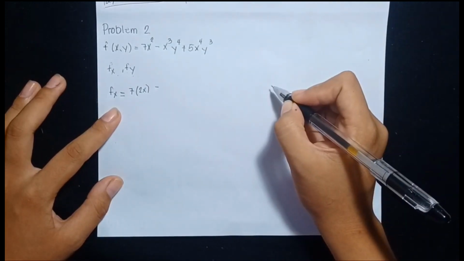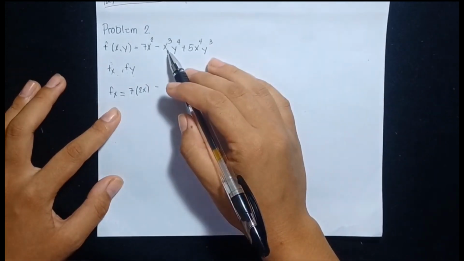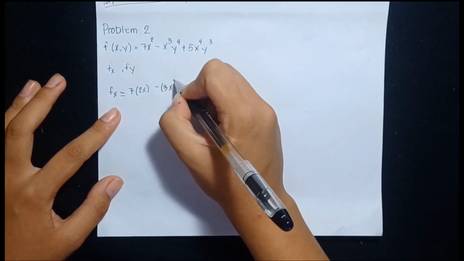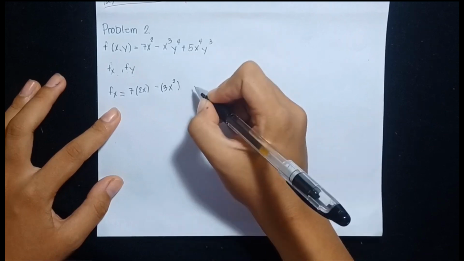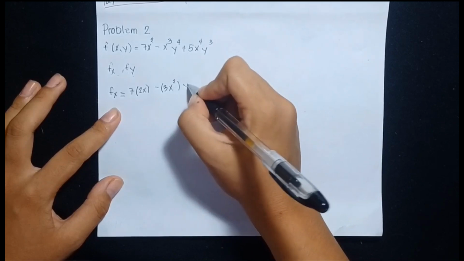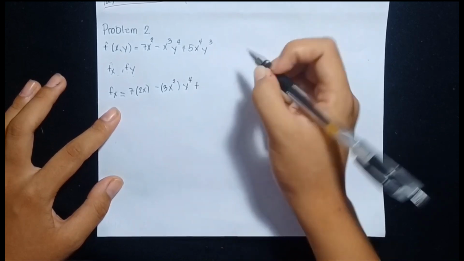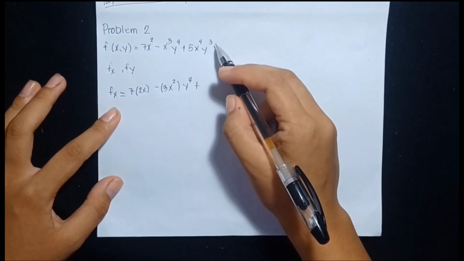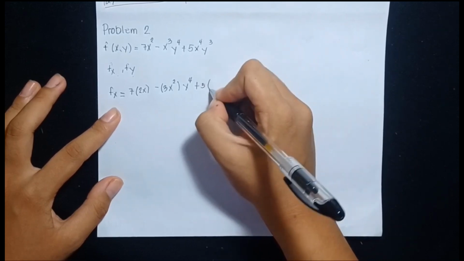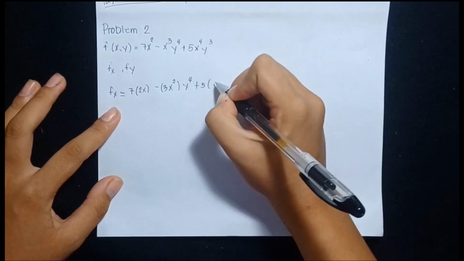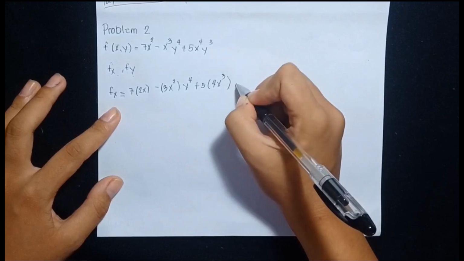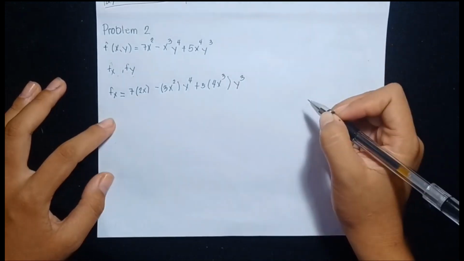Minus the derivative of this, it would be 3x squared multiplied by the y^4, which is the constant. We'll just copy that y^4. Plus the derivative of 5x^4 y cubed. So we'll just copy the 5 because it's constant and differentiate the x^4. The derivative of x^4 would be 4x cubed, and copy the y cubed to that.